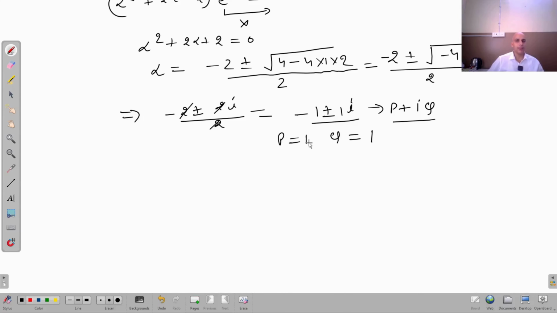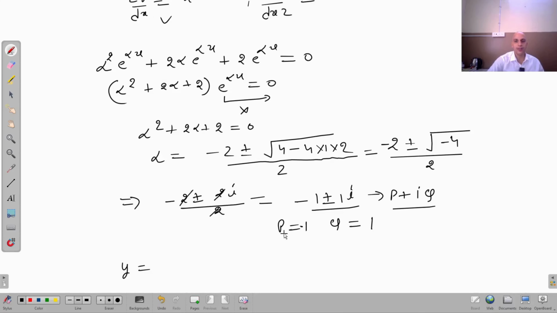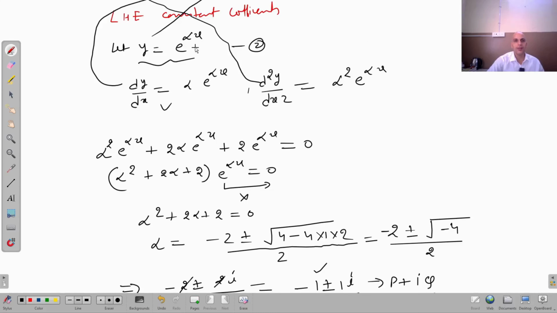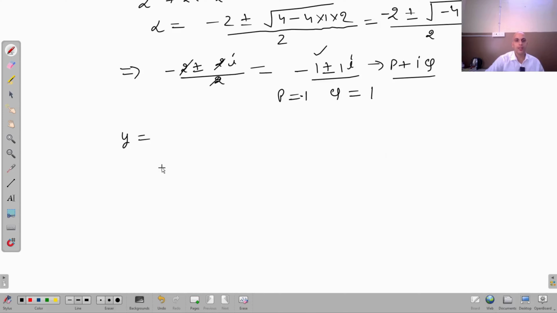In that case, P is equal to minus 1, Q is equal to 1. So in that case, the general solution y is equal to, now putting this value here in equation number 2, e raised to power alpha, alpha means P plus iota Q times x, right?